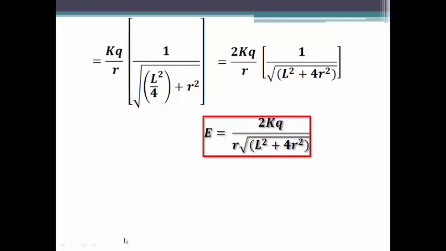So we assume that instead of a rod of length L, we have a point charge where L can be negligible. If you substitute L equals 0 in this expression, it has to simplify to kq by r square. And since it does, that means this expression is correct.